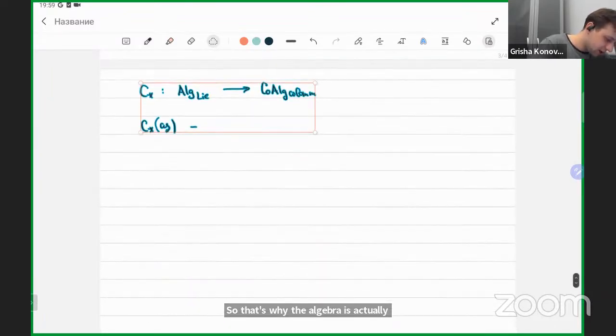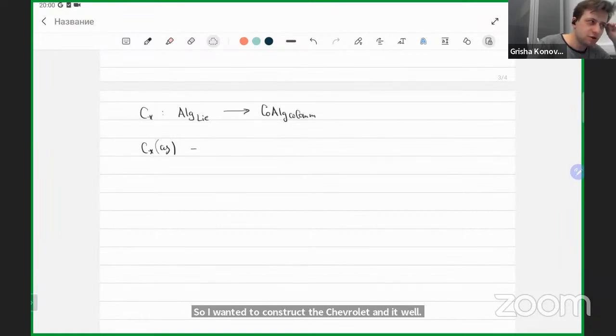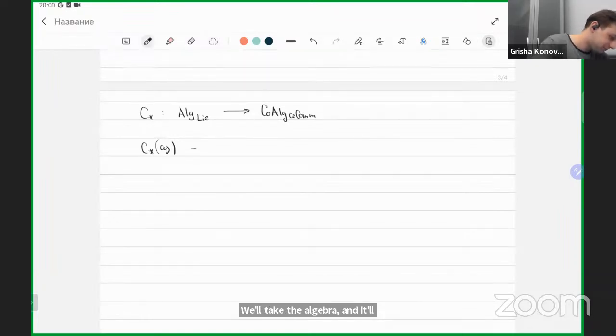Okay, so I wanted to construct the Chevalley-Eilenberg functor, and it will take a Lie algebra and send it to a co-nilpotent co-commutative coalgebra, and all of them are differential graded, of course.